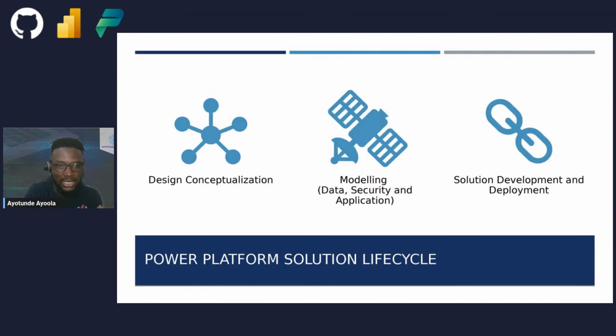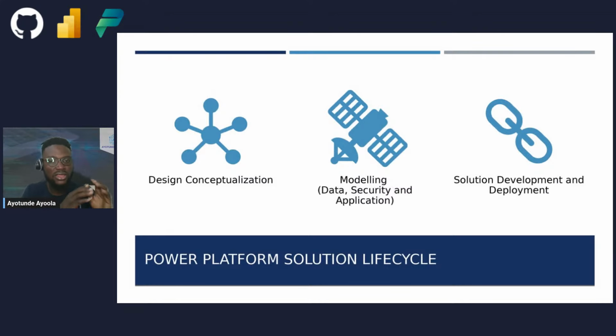Once you've done that, then you move into modeling. Your modeling can go around data modeling, security modeling, application modeling, from your logical diagrams, your physical diagrams, just to be able to interpret the Power Platform solution you are about to work on.